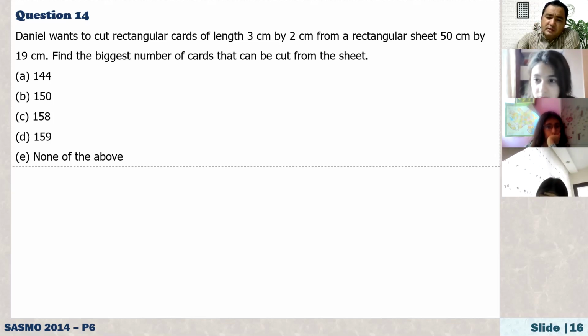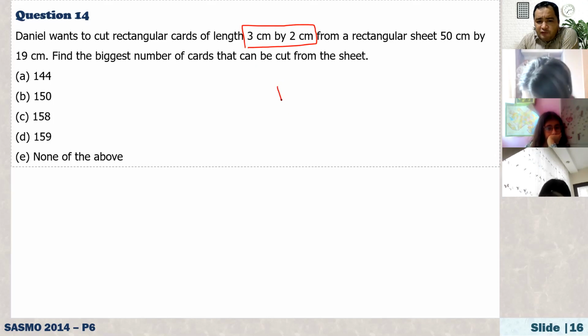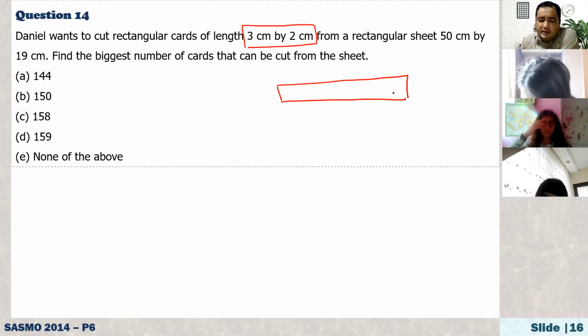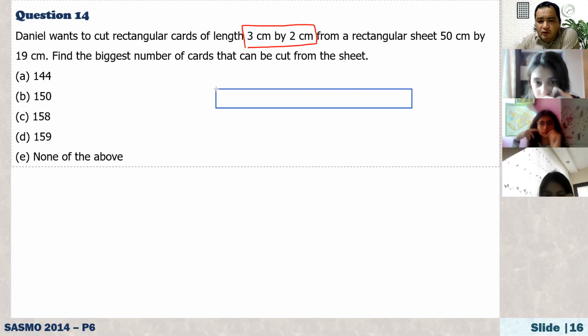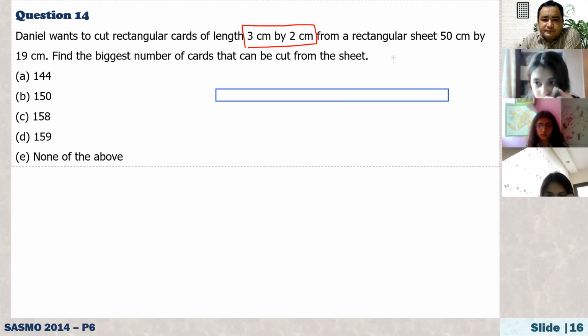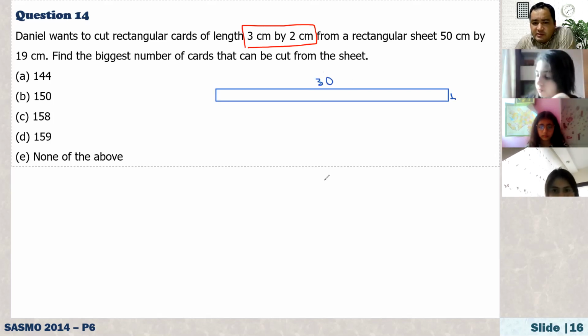Okay, because here is one simple example of why it doesn't work. We are going to cut these cards, right? 3 by 2. And how about if we have a long piece of paper, where the width is 1 centimeter and the length is 30 centimeters, right?